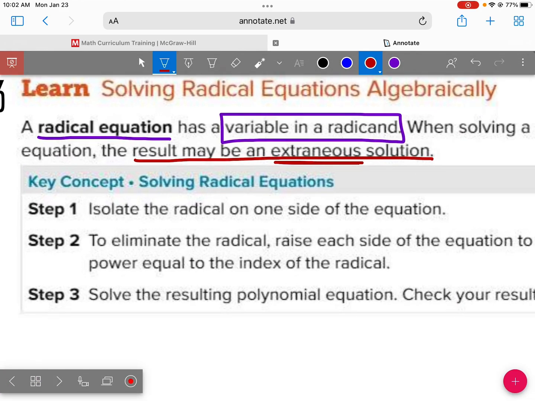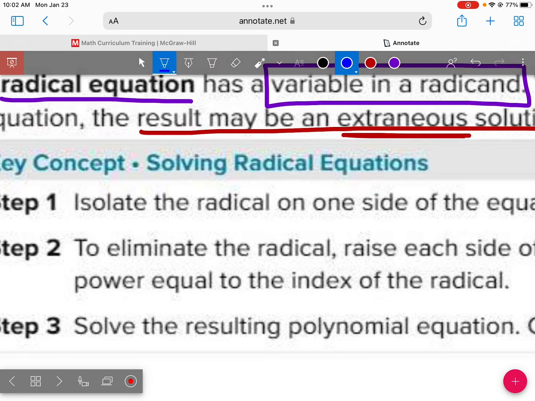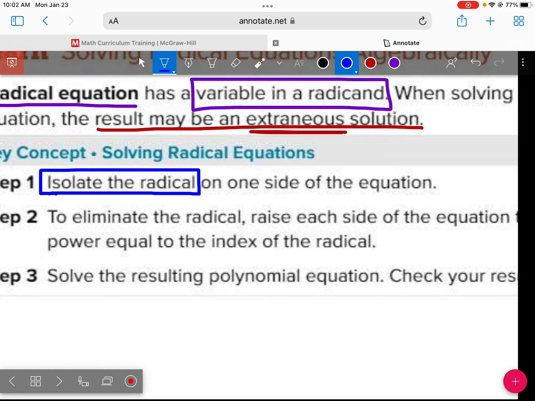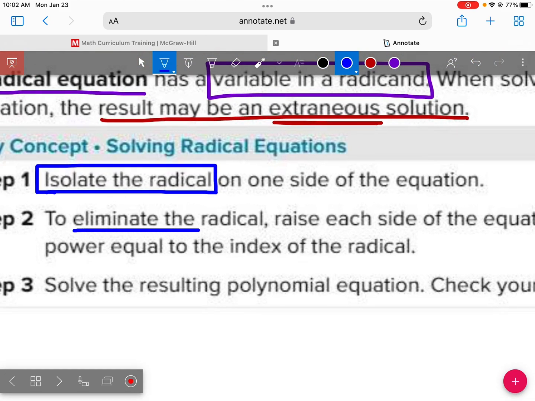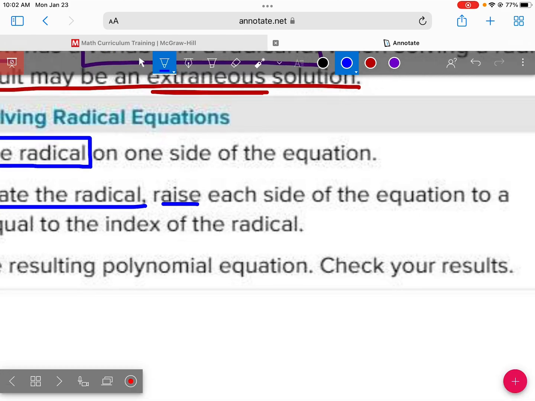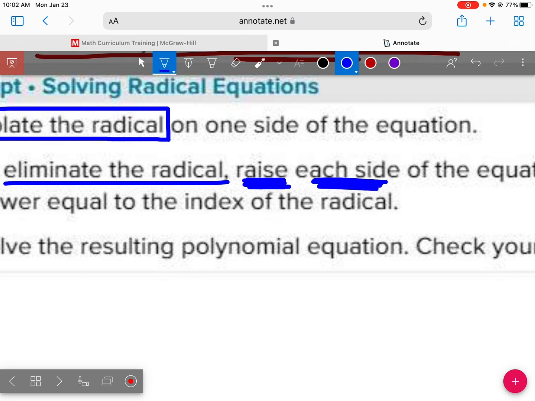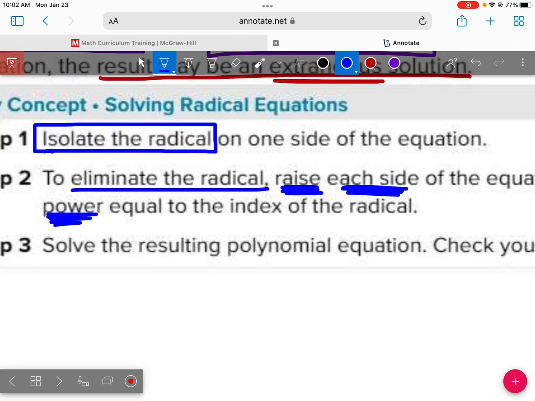3 steps for solving a radical equation. First, we're going to isolate the radical. So we're going to isolate the radical on one side. And then to eliminate the radical, we will raise each side to a power that is equal to the index.